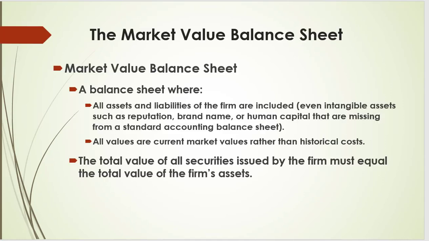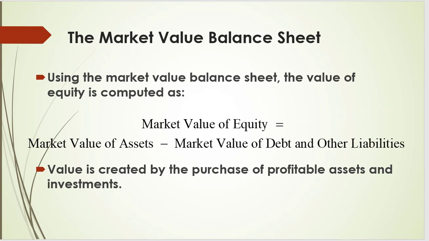So what is a market value balance sheet? Essentially, we find the current market values of all of the assets that the company has, as well as all of its liabilities. The total value of all the securities issued is equal to the total value of all of the firm's assets.